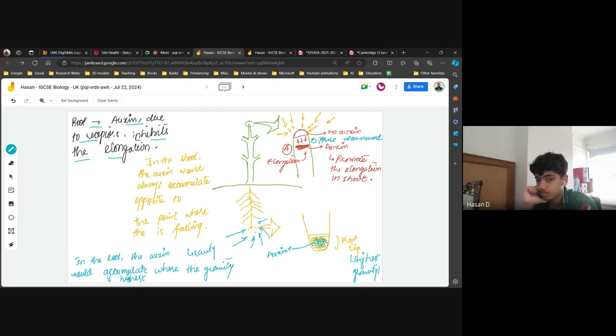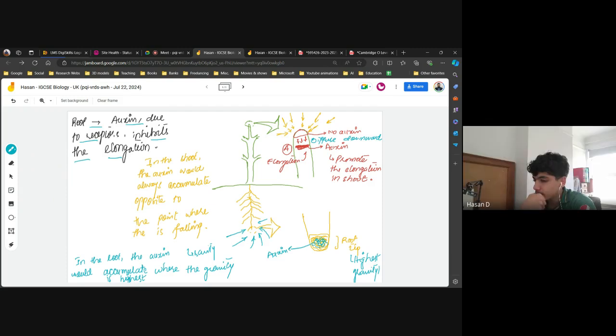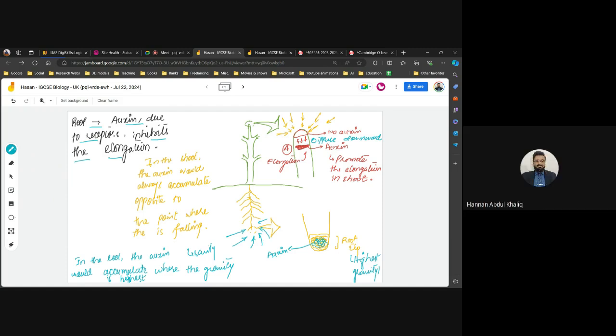If you read the sentence in the black again, you would come to know that auxin would inhibit the elongation in the roots.